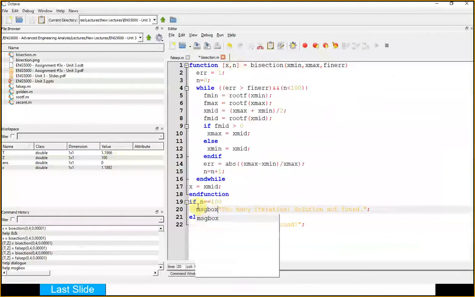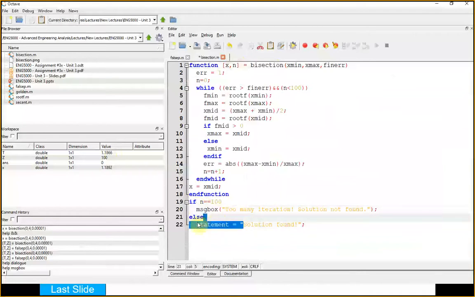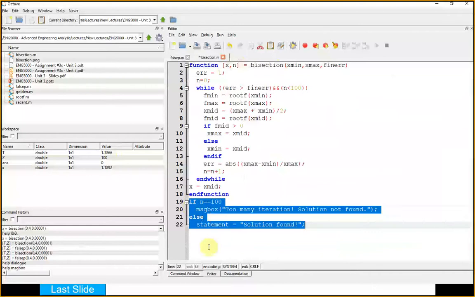MSGBOX. And repeat it again. By the way, this should be up here.